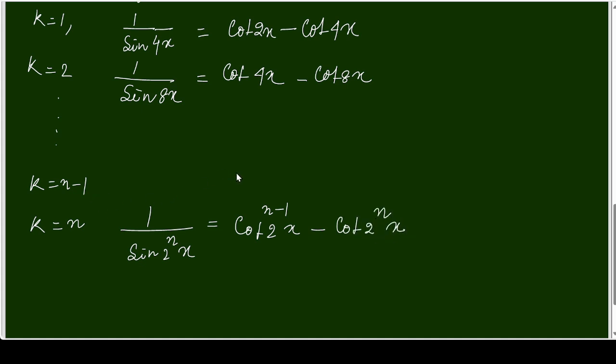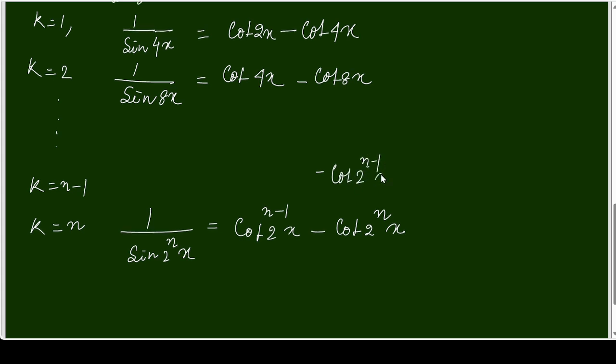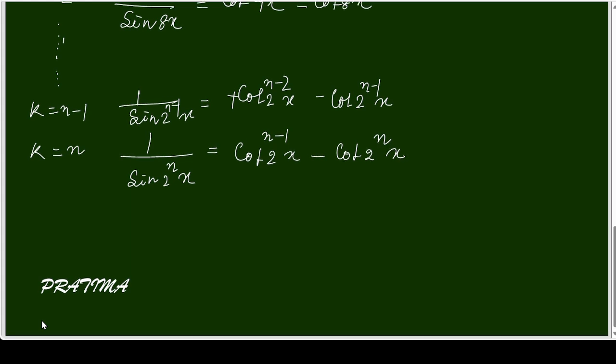For n minus 1, we get minus cot 2 power n minus 1 x, and cot 2 power n minus 2 x positive. In between there are so many terms, 16x and so on. Now we will take the sum of this series, adding all the terms.